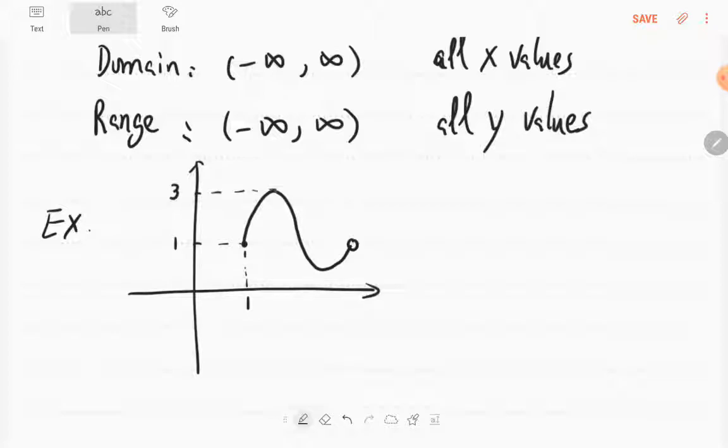This point corresponds to y value 3, and here is 1/2, and here is 4, right?